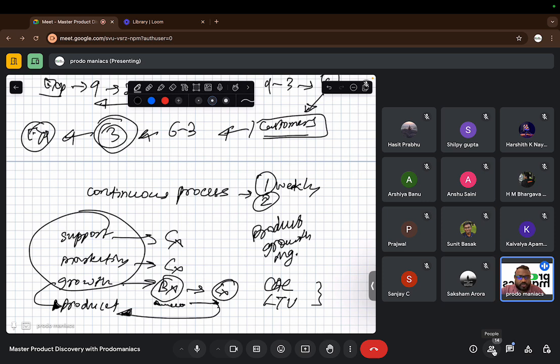That is what growth works on, and that's how growth product teams are built nowadays, because product roles are not just product, they have to think about business.